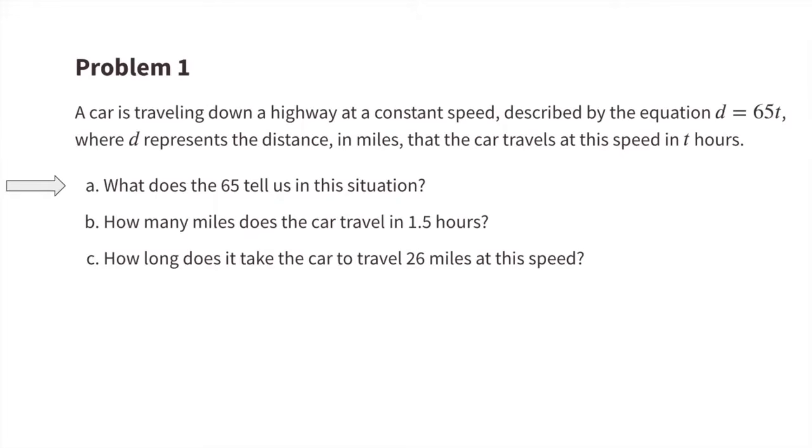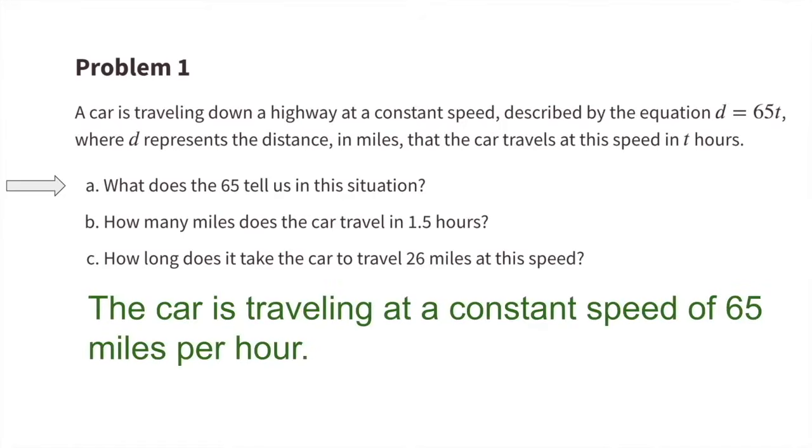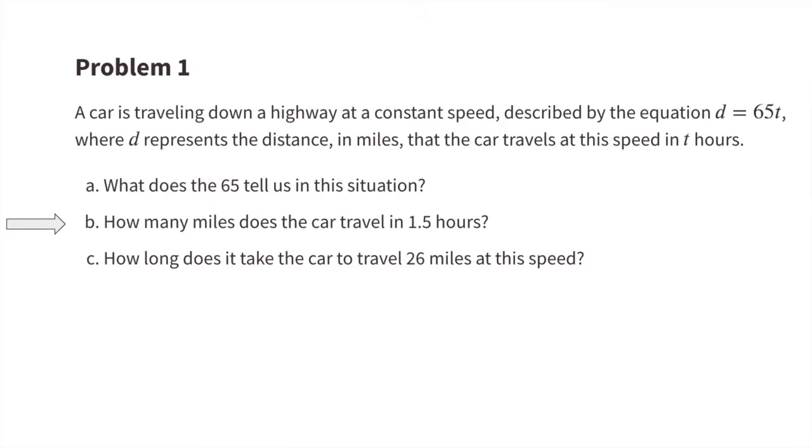A. What does the 65 tell us in this situation? D equals 65t. The car is traveling at a constant speed of 65 miles per hour.